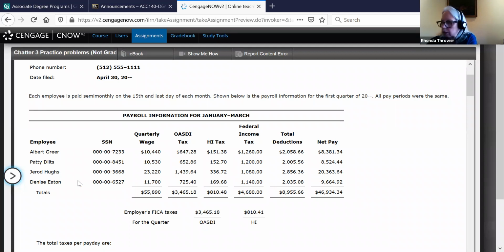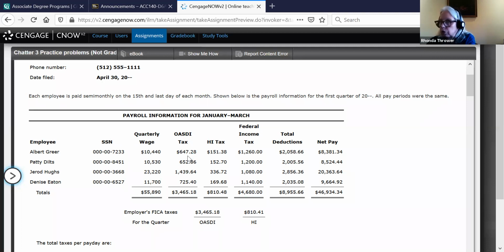Let me back up again. This is your quarterly wage that they gave to you. This is your OASDI tax. Since these are employees, you would multiply this by 6.2% to get $647.28.